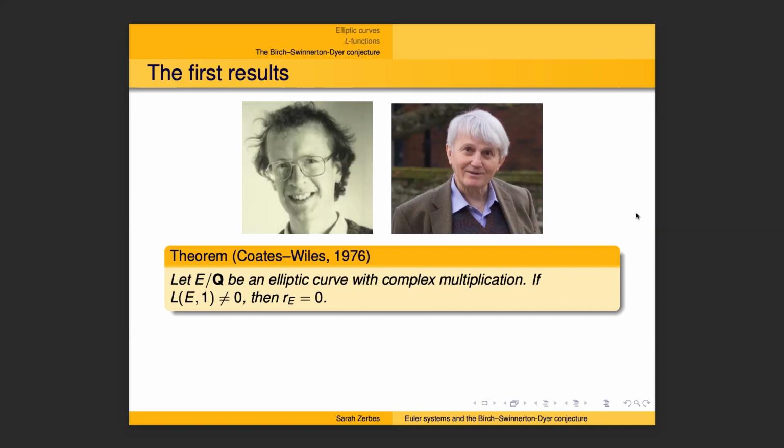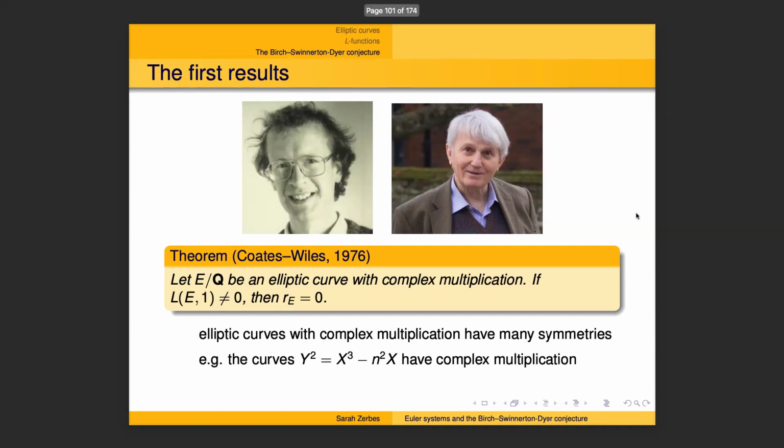So the rank is equal to 0. Let me just say that the elliptic curves that we have seen coming from the congruent number problem are elliptic curves with complex multiplication.